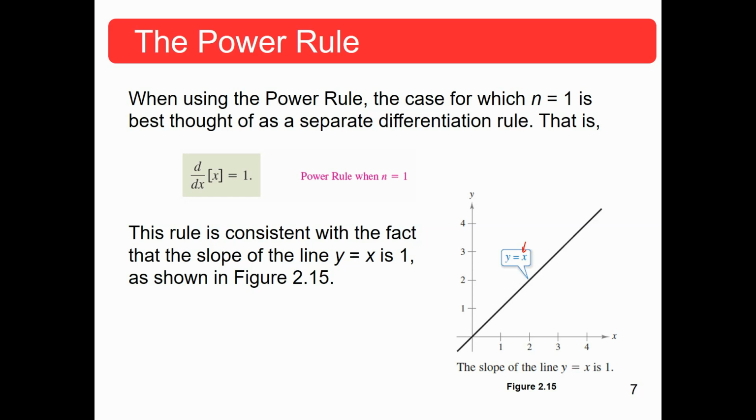And this makes sense because we know that the derivative is the tangent line, or the slope of the tangent line. We know that the slope of this line is 1, and that every point is its own point of tangency, right? So it makes sense that if we're talking about a linear function, it's just going to be whatever the slope is.